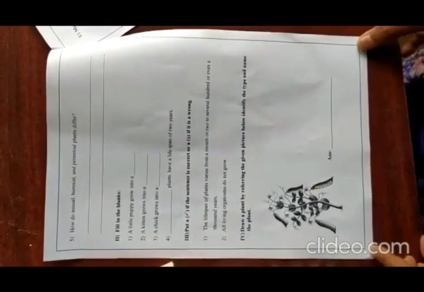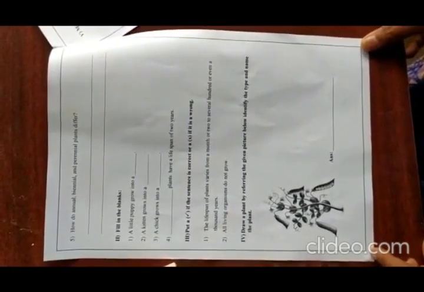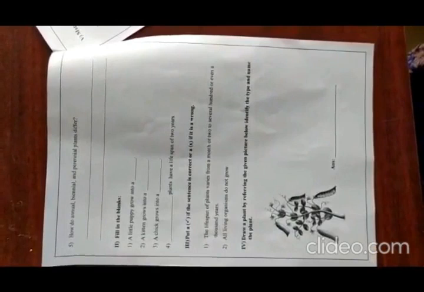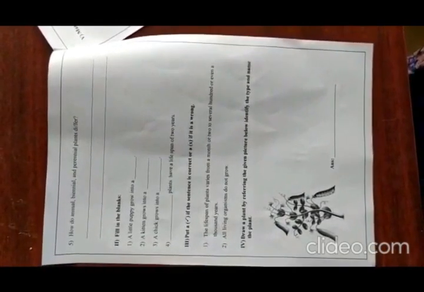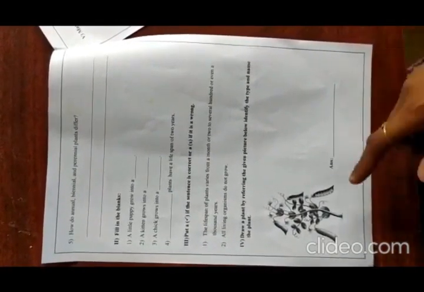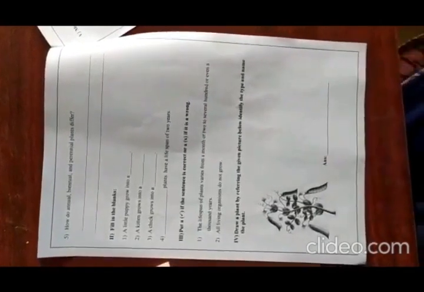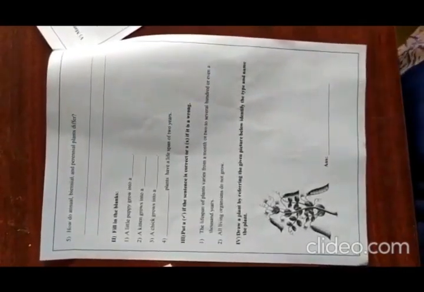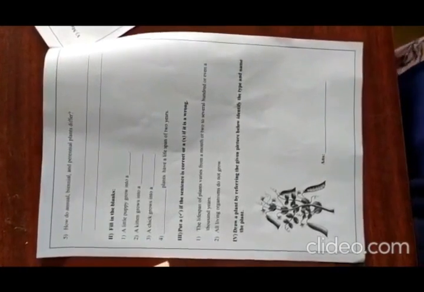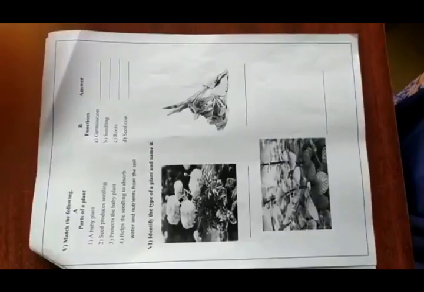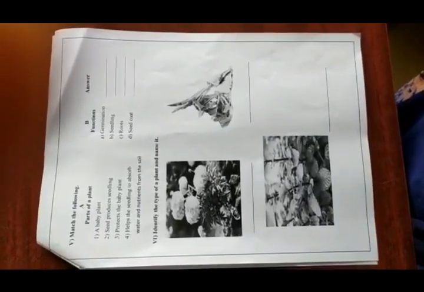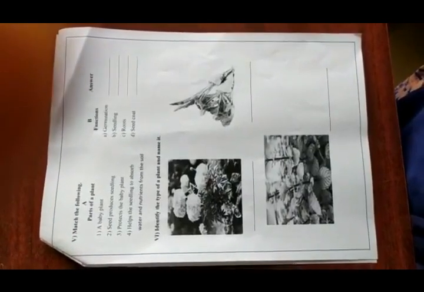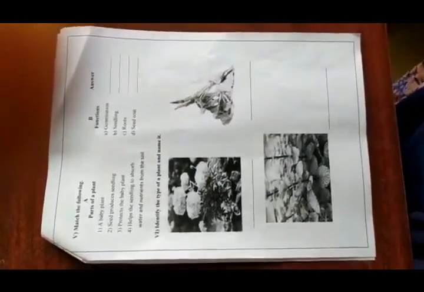Next, the fourth main is draw a plant by referring to the given picture below, identify the type and name the plant. Same as it is, you have to draw here and you have to identify the type, either an annual plant, biennial plant or perennial plant. The fifth main is match the following. You have to match the proper answers and write the correct answers in the given spaces.